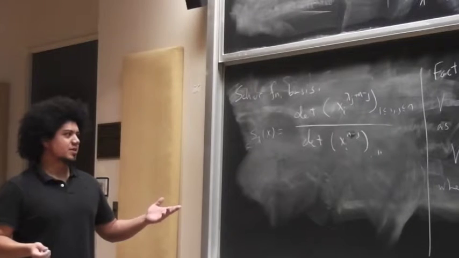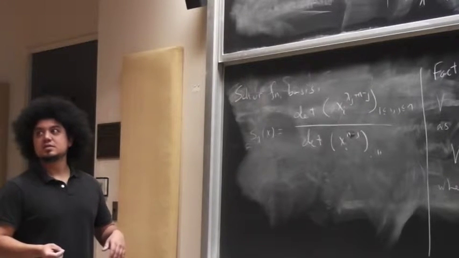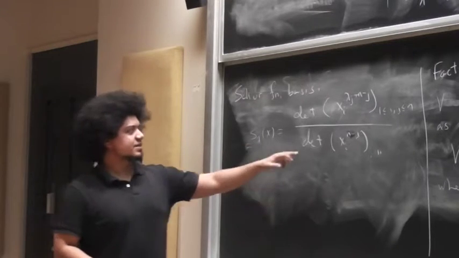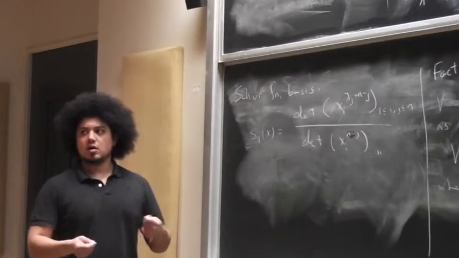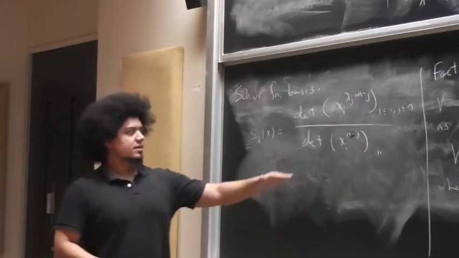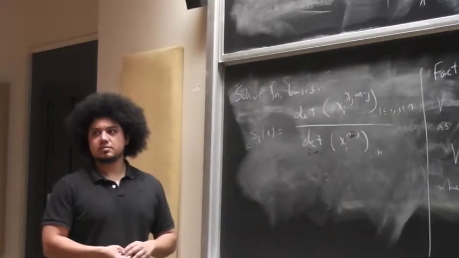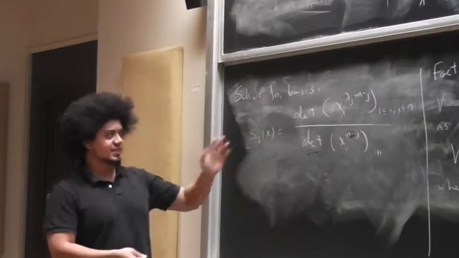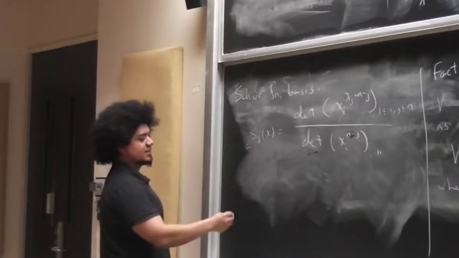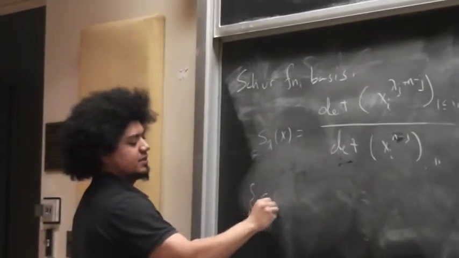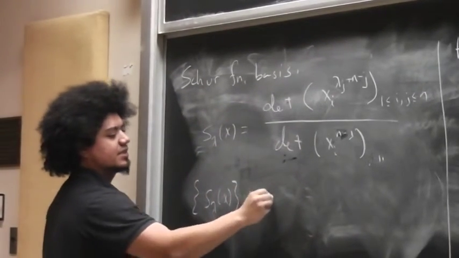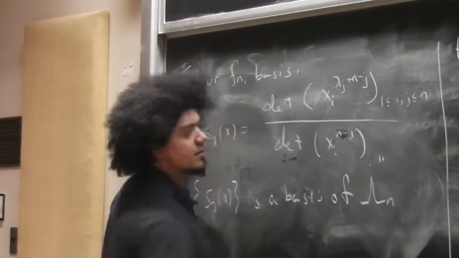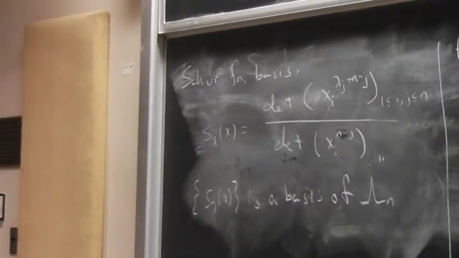This is a symmetric function. Why? Because the numerator and denominator are antisymmetric, and the denominator divides the top one. In the interest of time, I won't tell you why. So this is indeed a polynomial, and in fact, S lambda of x is a basis of big Lambda n.